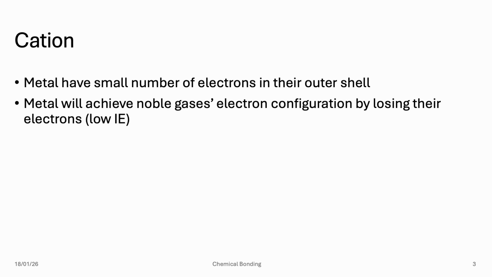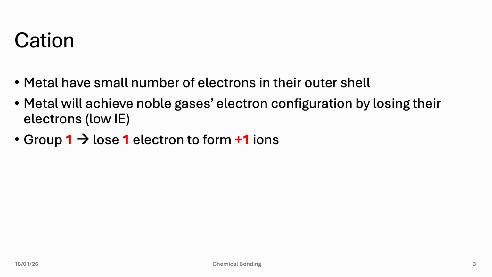It's determined by their low ionization energy, so the atoms need to absorb only a little energy to release that electron, and this release of electron will achieve a noble gas electron configuration.